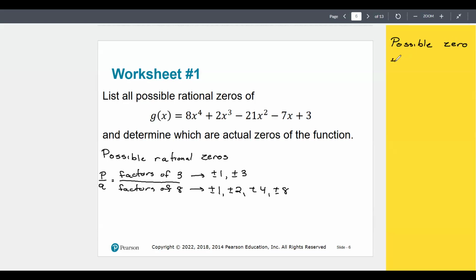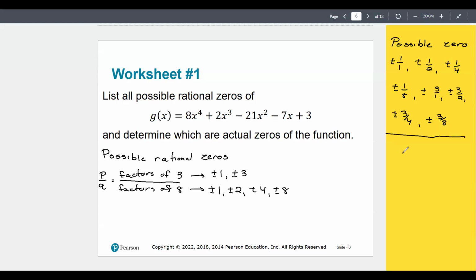So my possible zeros. We can have plus or minus 1 over 1, plus or minus 1 over 2, plus or minus 1 over 4, plus or minus 1 over 8, plus or minus 3 over 1, plus or minus 3 over 2, plus or minus 3 over 4, and plus or minus 3 over 8.